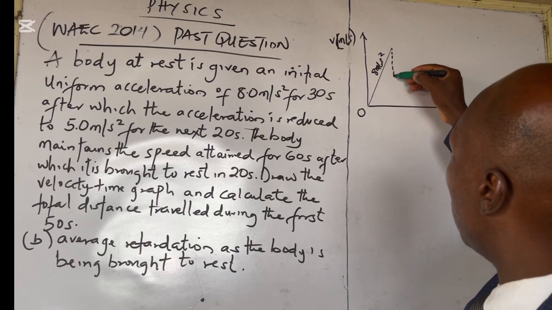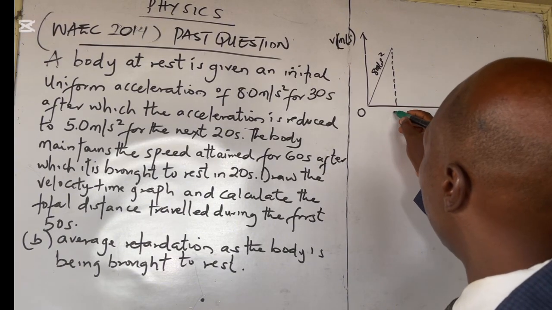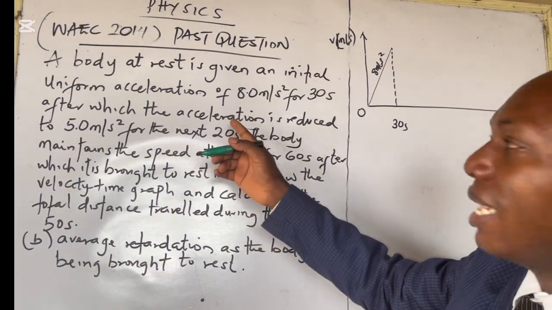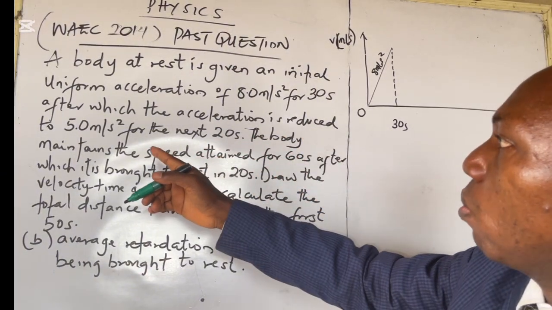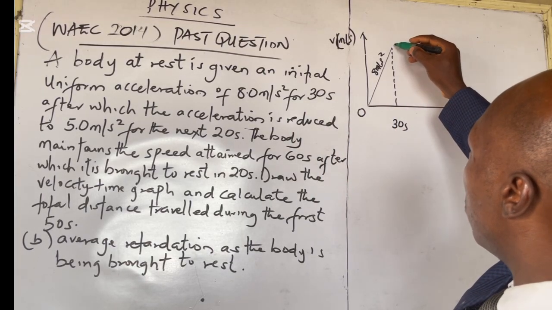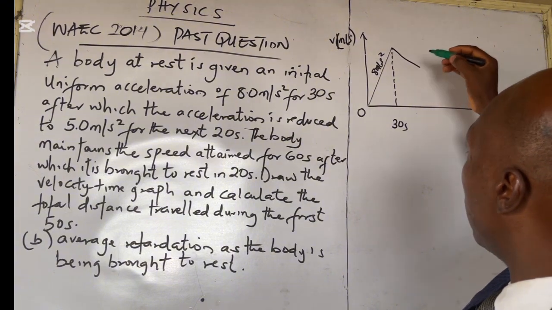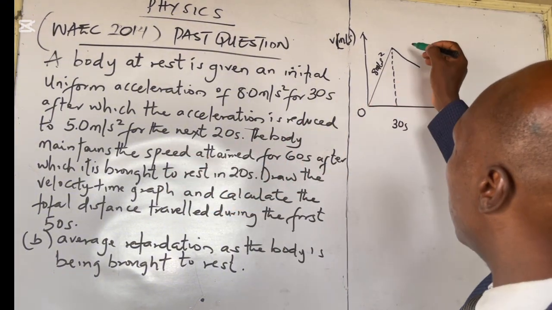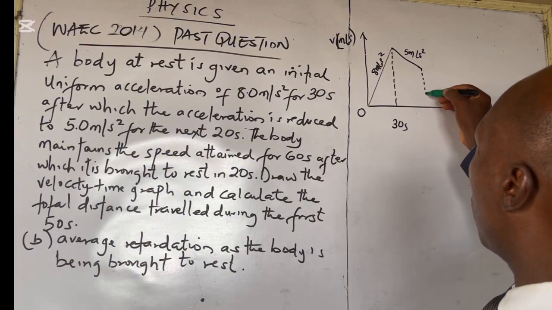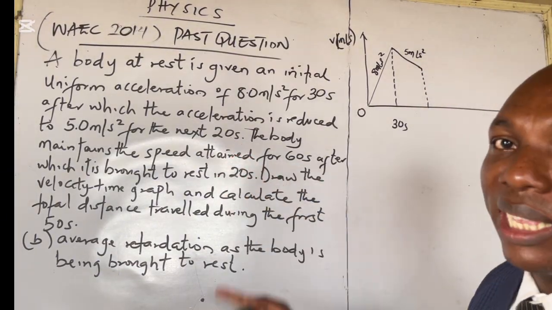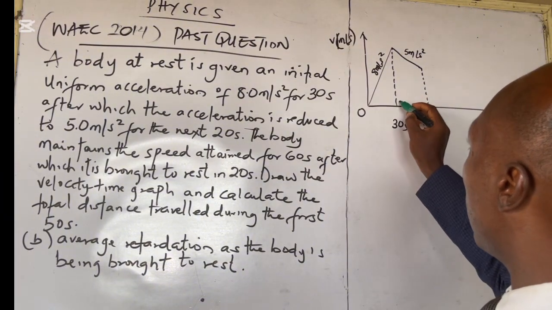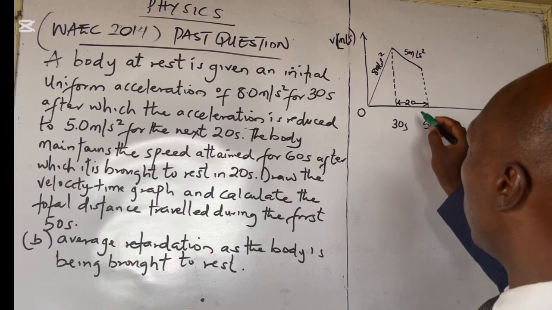So the time attained here is 30. And after which the acceleration is reduced to 5 meters per second squared for the next 20 seconds, that means 20 plus 30 will give you 50 seconds. So the time from here to here is 20.